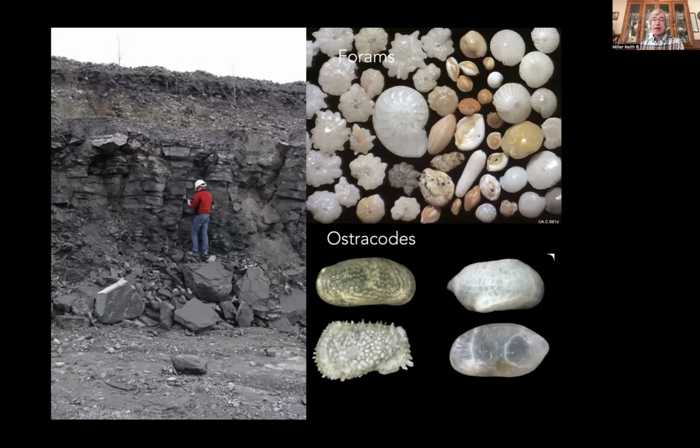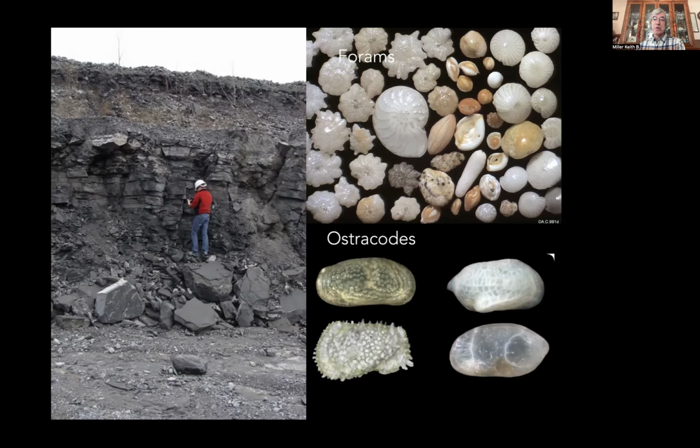Again, on the upper right hand, there is a variety of forams or foraminiferans. Again, these are temperature sensitive. So different species live in different temperature regimes. They're also depth dependent. Some are shallow, some are deep water, some are benthic, which means they live in the sediments.